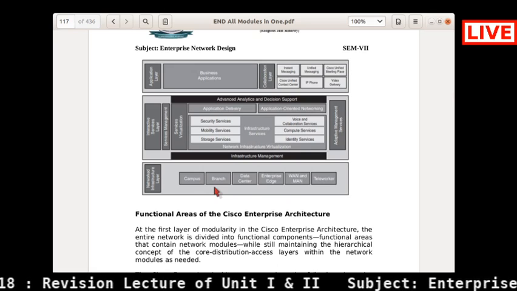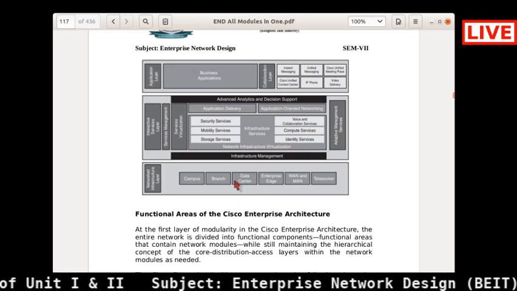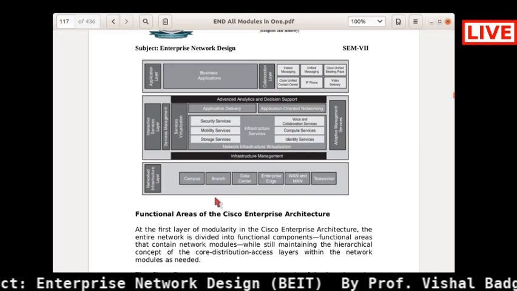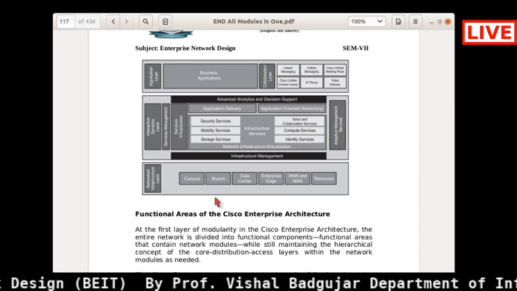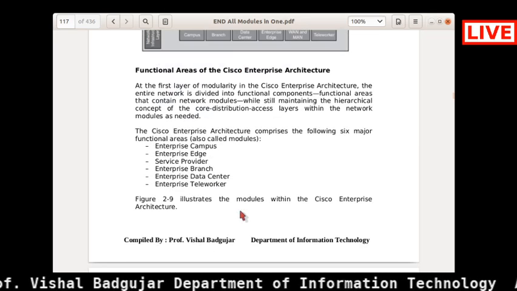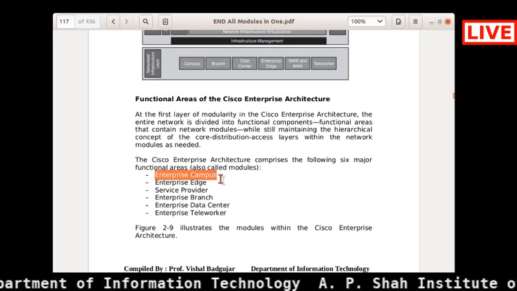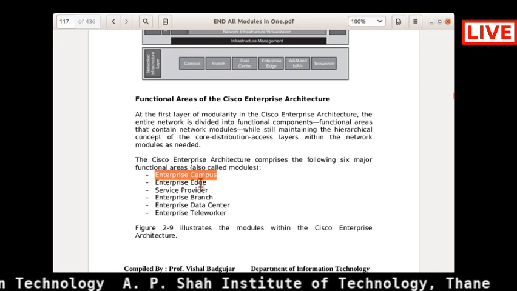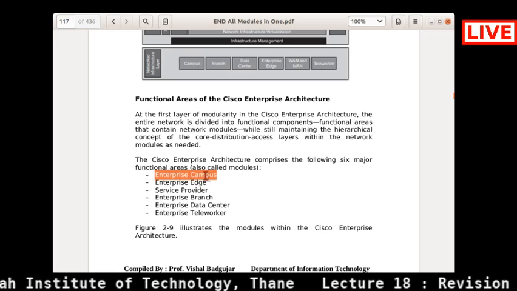And a question may be asked, for example, what are the names of these functional areas, or which is not a functional area in the enterprise network, right? Likewise, okay? And after that we will see each and every component, right? What different sub modules are there in each and every module here?